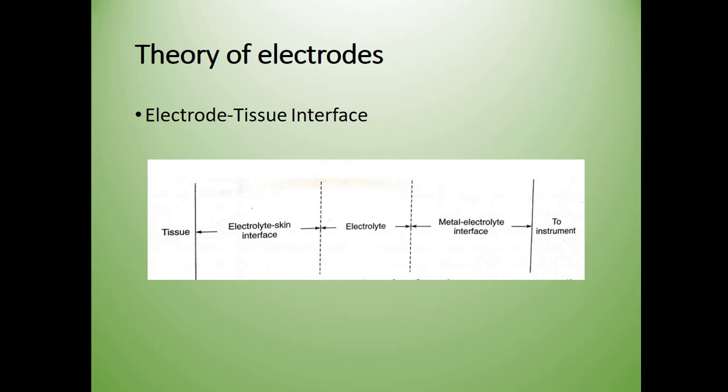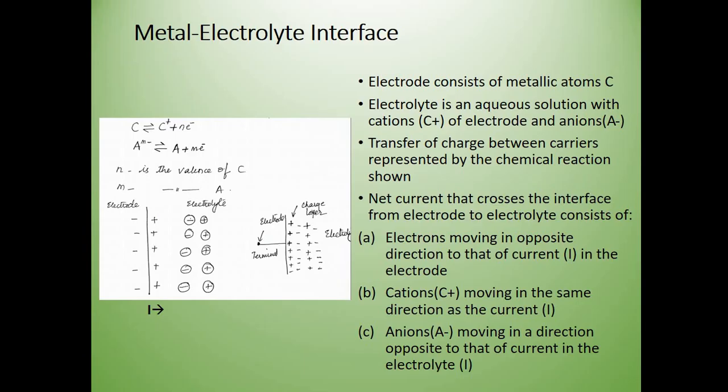Because of this, two interfaces are created. One is due to the electrode or the metal and the electrolyte, and the other is the electrolyte skin interface. Let us take up the first interface, which is the metal electrolyte interface.